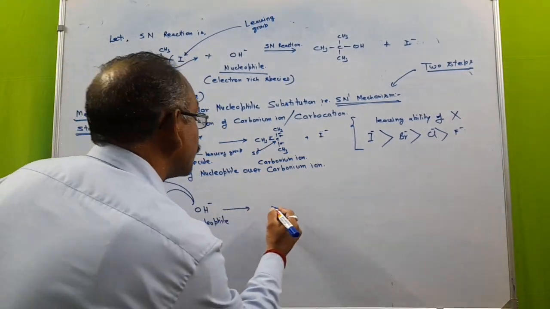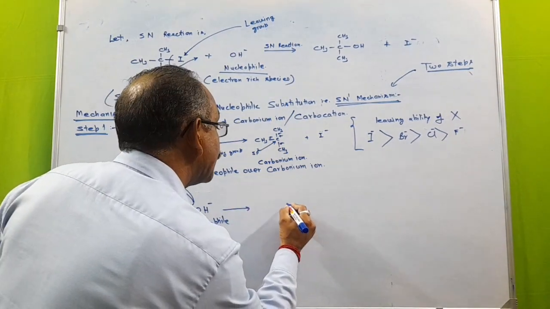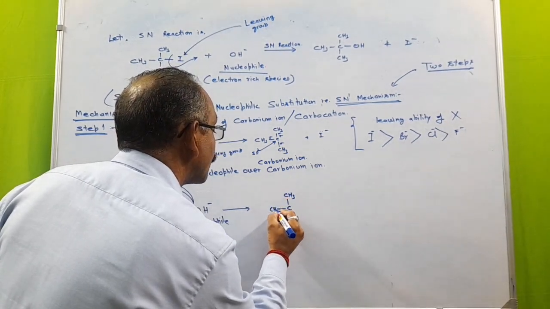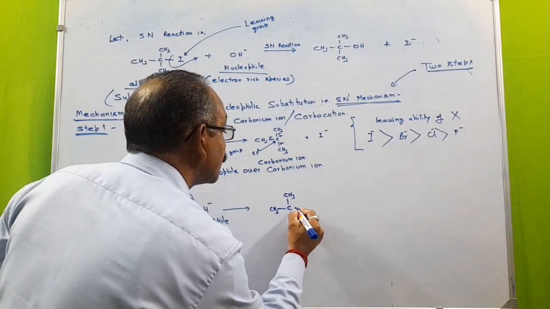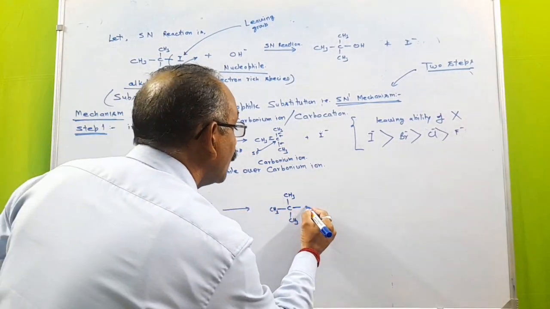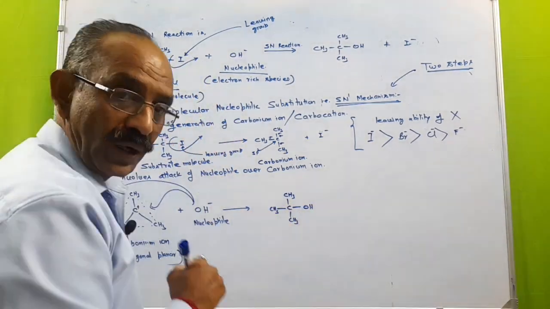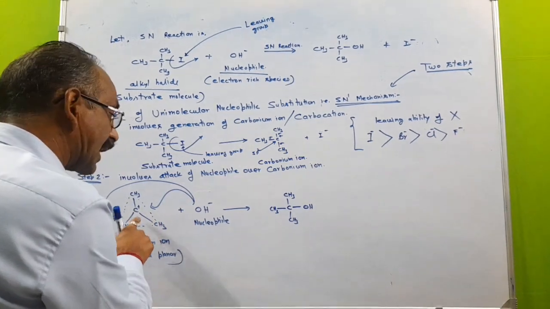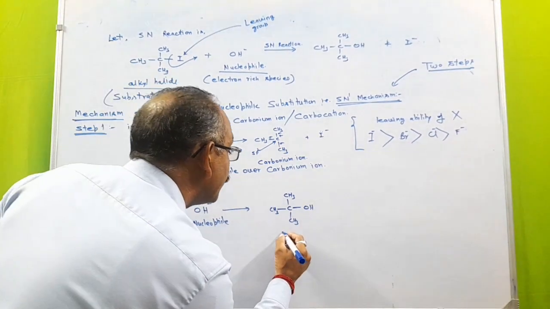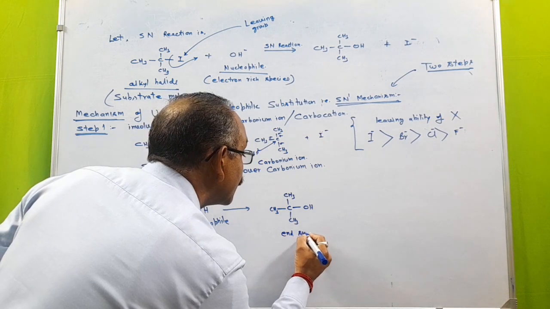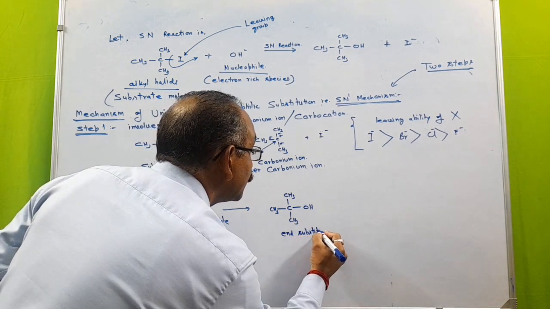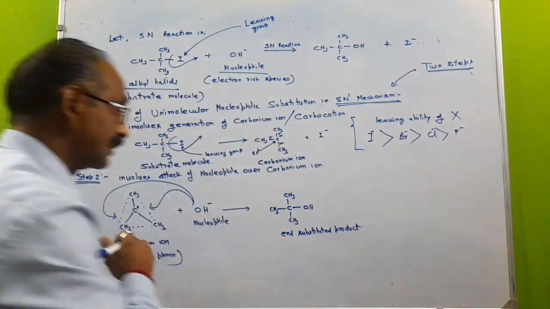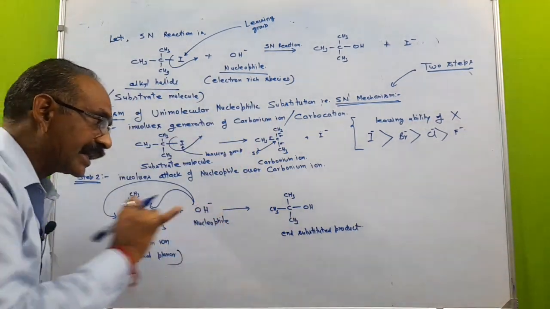Finally the C plus group, means carbocation, forms bond with the OH group, and we will get the substituted product. Is it clear? This one is the mechanism.